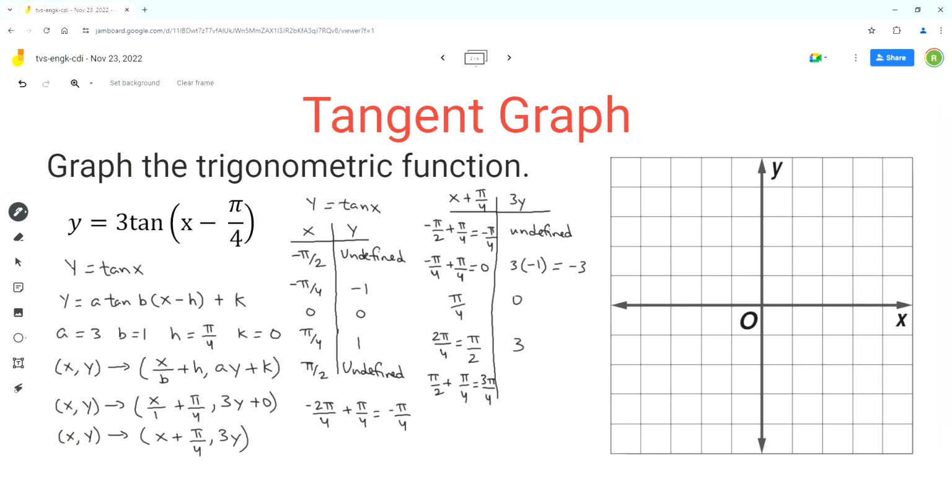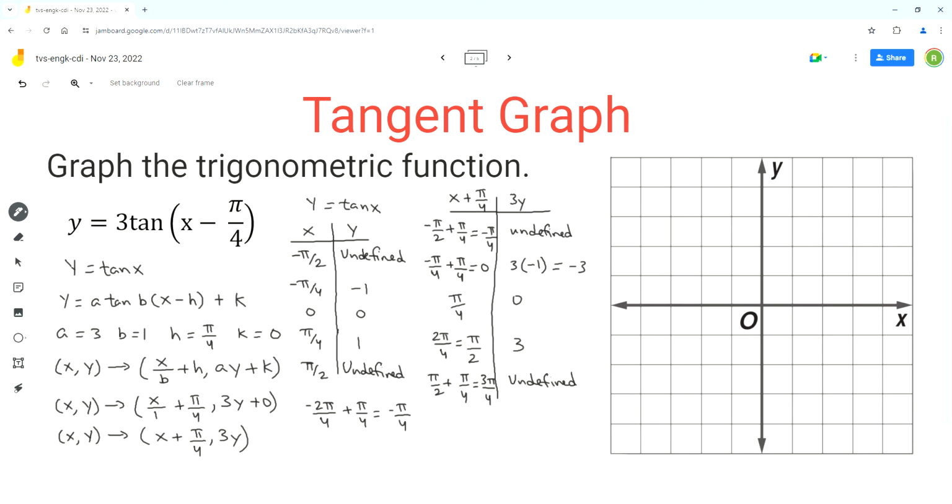The y value for the fifth point in the parent function is undefined, and 3 times undefined will just be undefined. So the second vertical asymptote is at 3 pi over 4. So these are the points we can use to graph the given transformed tangent function.